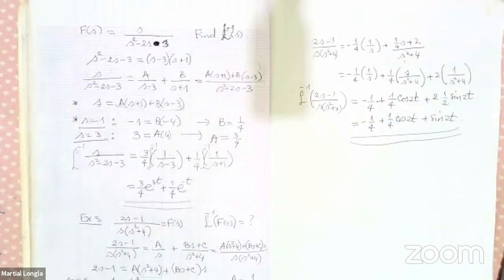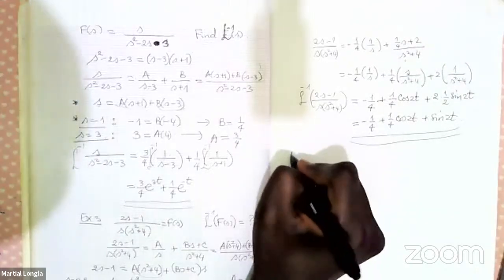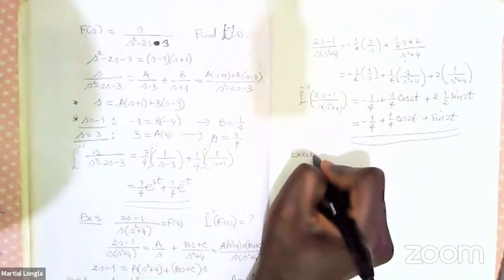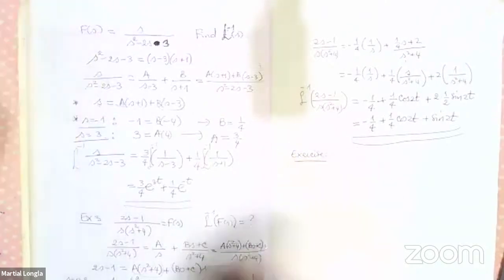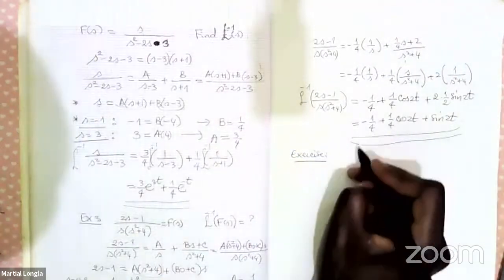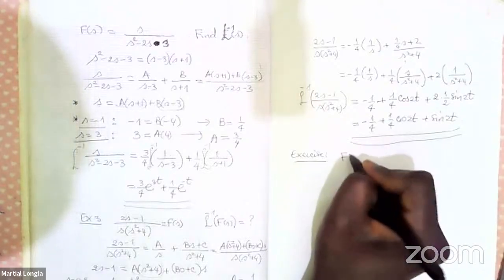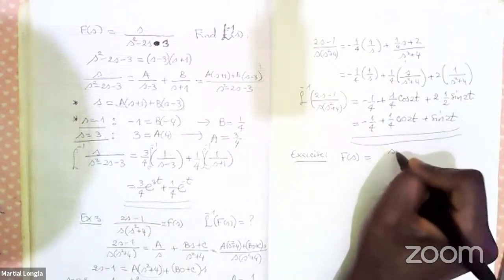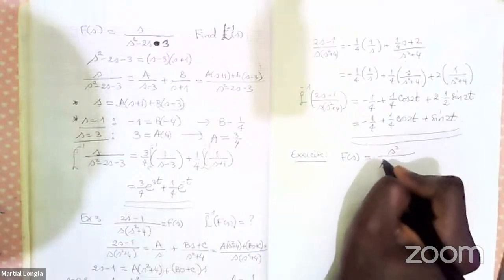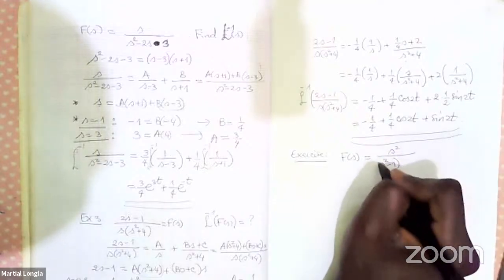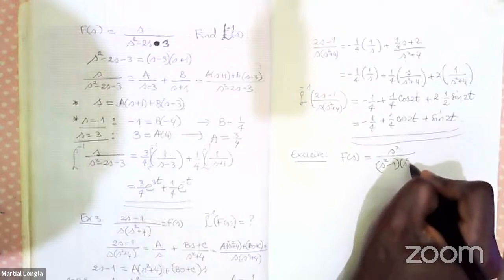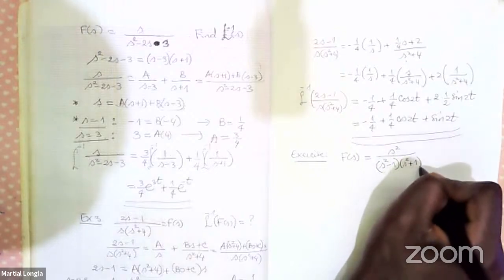Now let me give you an example on exercises. Exercise. Let's say F of s equals s squared over (s squared minus 1) times (s squared plus 1).